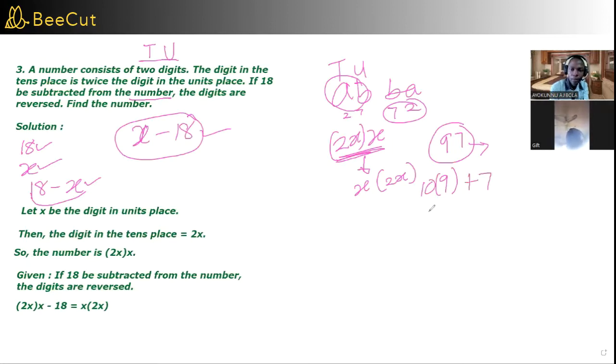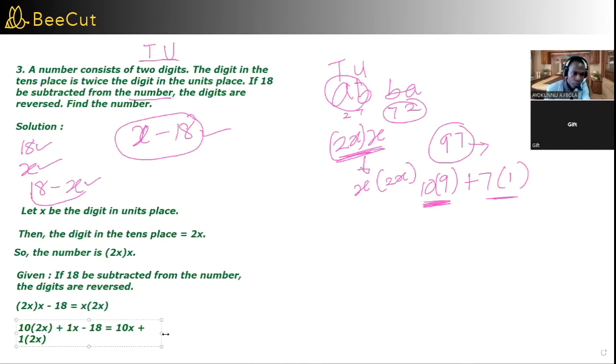That's what gives us our 97. Because this is tens and this is units, and this is 7 times 1. That is 7. 1 is in the unit place, 10 is in the tens place. Take note of that. So in the same way, we can rewrite this number.